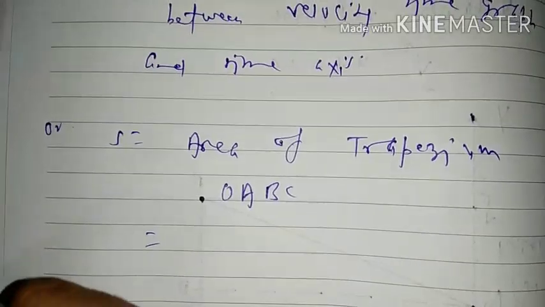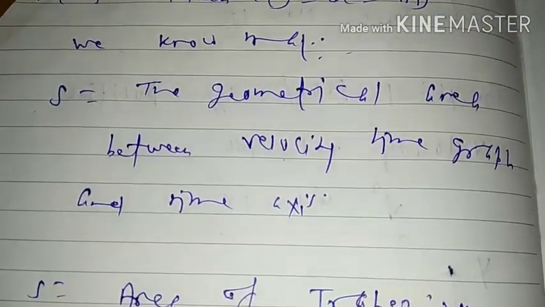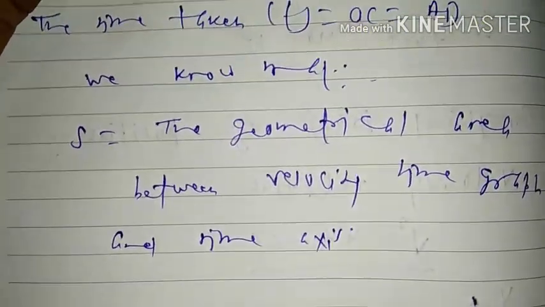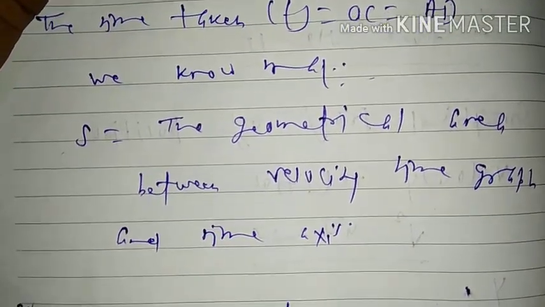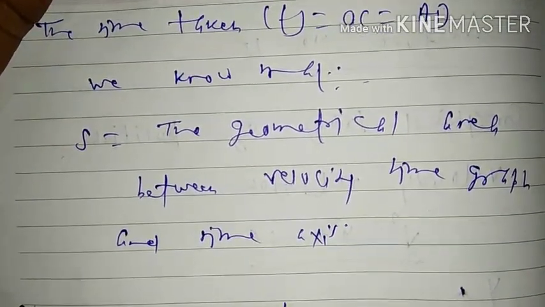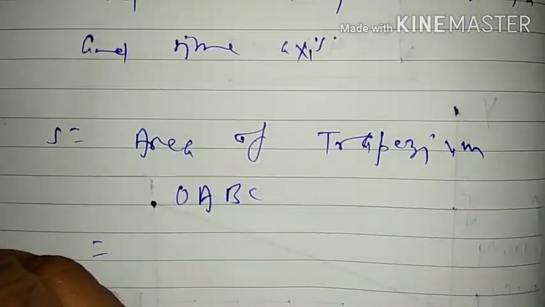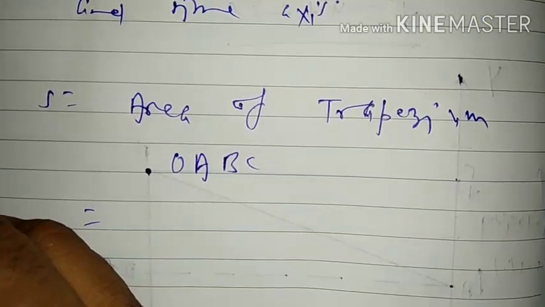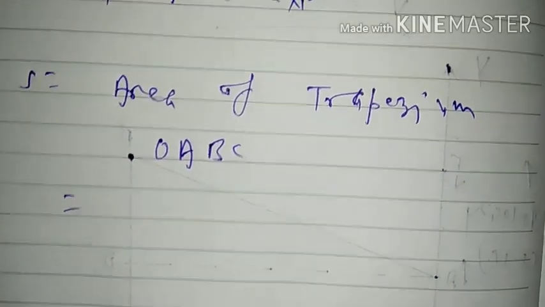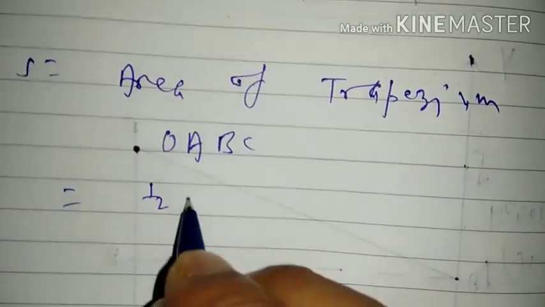And what is the formula for the area of a trapezium? We know that the formula for the area of a trapezium is equal to 1/2 into the sum of parallel sides into the height between the parallel sides. So we can write here 1/2 into the sum of parallel sides.